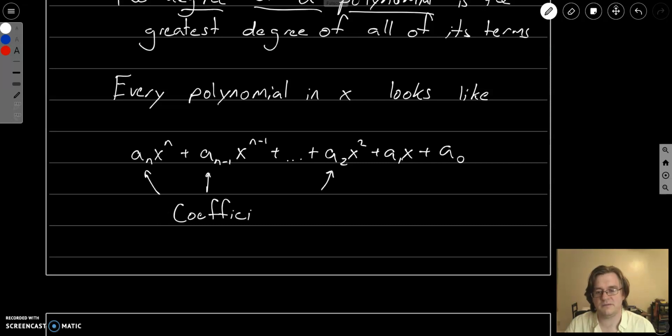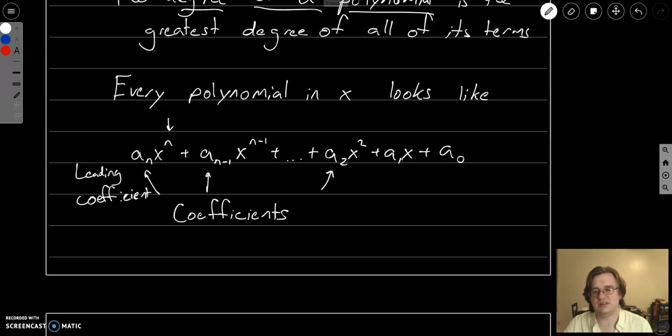And the first coefficient, the first one out here, is called the leading coefficient. Again, the degree of this polynomial, the largest number out here, is going to be n.